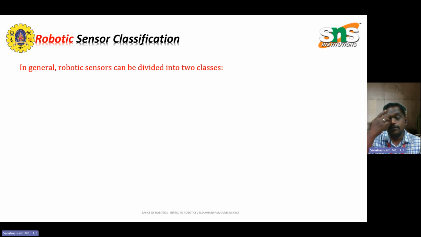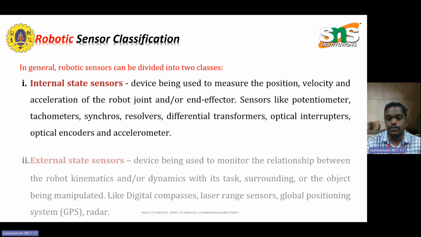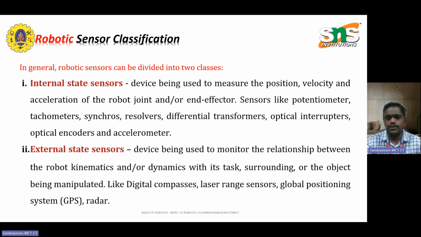Generally, robot sensors can be classified into two classes. The first is internal sensors, and the second is external sensors. Internal sensors are used to measure the physical position, velocity, and acceleration of the robot joints or end effectors.